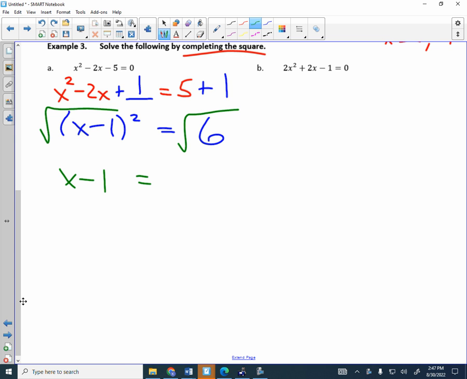Close. What's on the right side? Oh. How many solutions are there? Plus or minus root of 6. That's when you list plus or minus, when you know you have the two solutions. And now we add 1 over, x is equal to 1 plus or minus the root of 6.